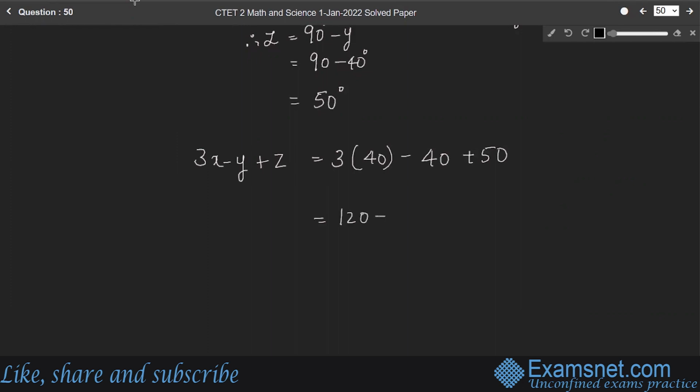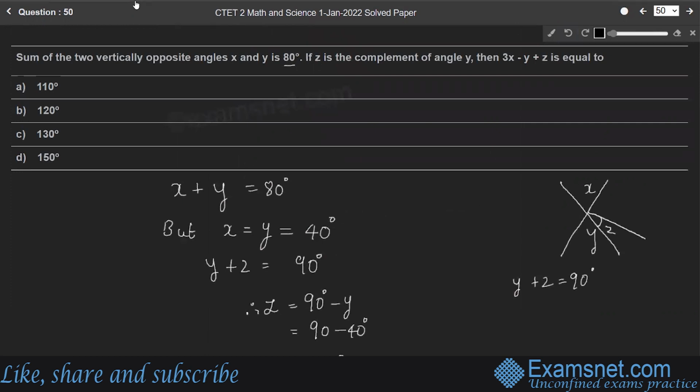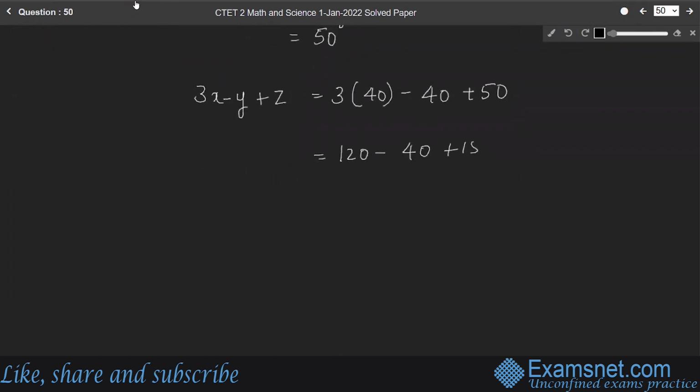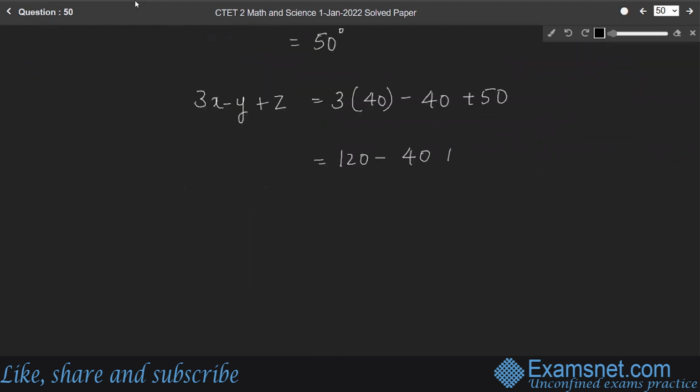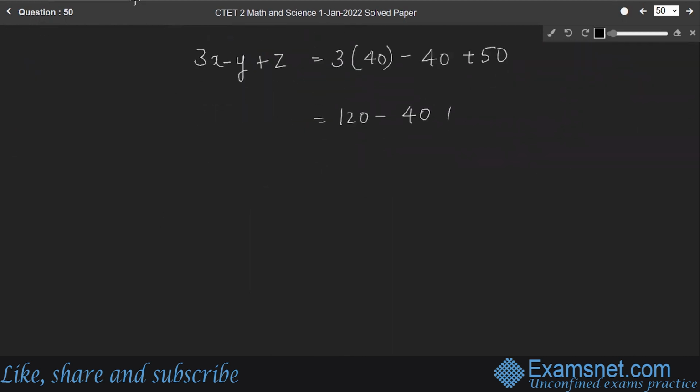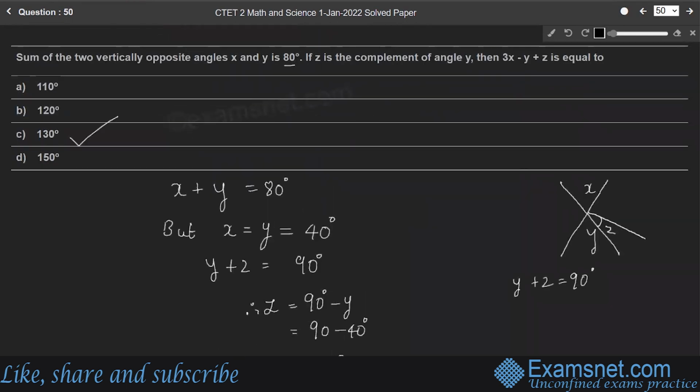So 120 minus 40 plus 50 degrees. So 170 minus 40 is equal to 130. So 3x minus y plus z is equal to 130. Option C is the right answer.